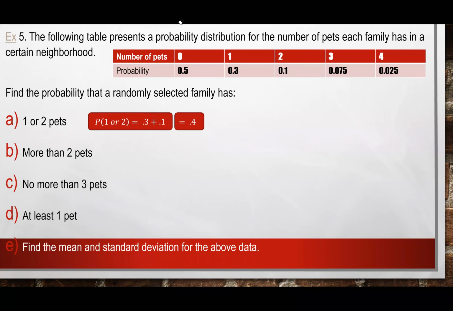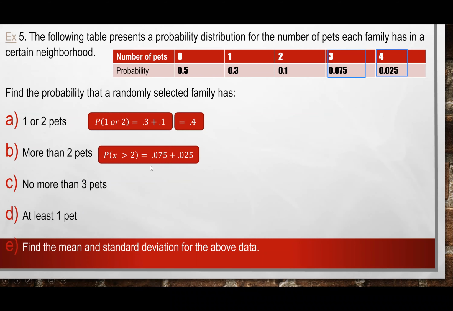And again, they will challenge you and say more than 2 pets. Hopefully you say, oh, more than 2 pets, that means the 3 or the 4 pets. We do not include the 2 pets because 2 is not more than 2. So what is the probability of a family having more than 2 pets?